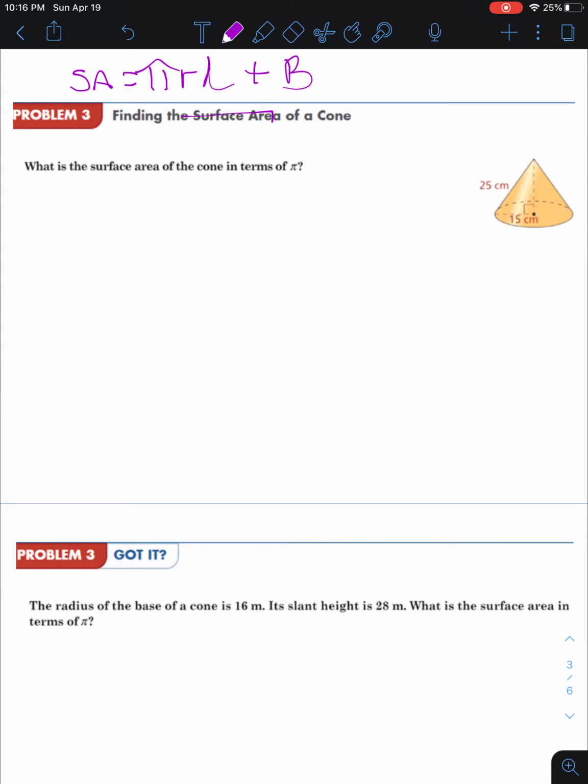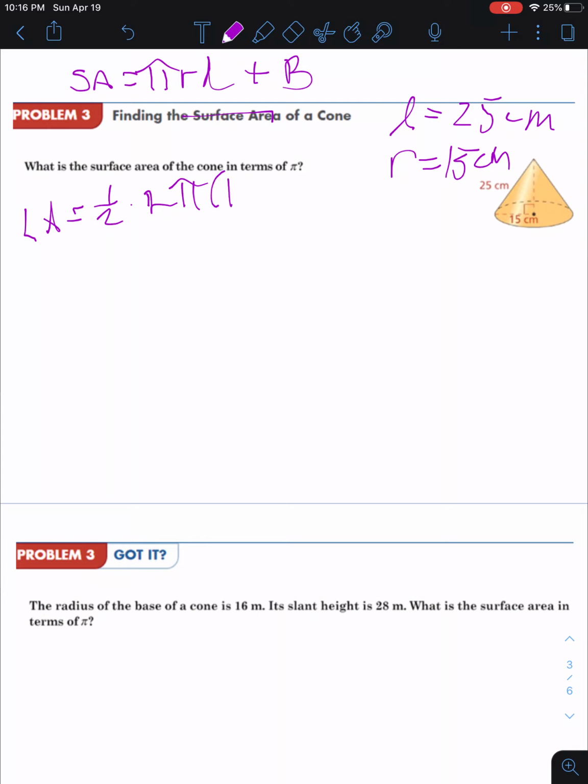The slant height on this one, L, is 25 centimeters. The radius is 15 centimeters. So my lateral area, which would be 1/2 times 2 pi r, 2 pi times 15, times the lateral slant height, which would be the 25.